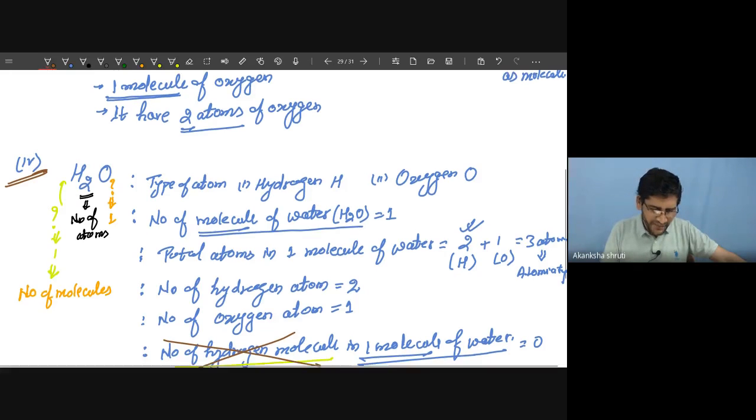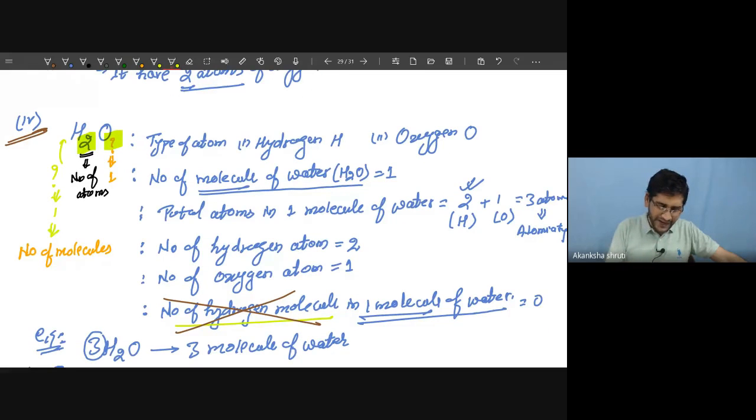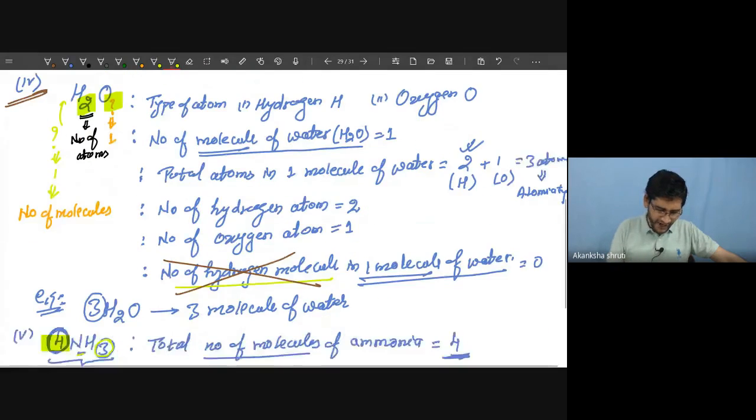The number of atoms of each element can also be determined by looking at their suffix. For oxygen, nothing is written, meaning it is 1. The total number of atoms is obtained by adding these.